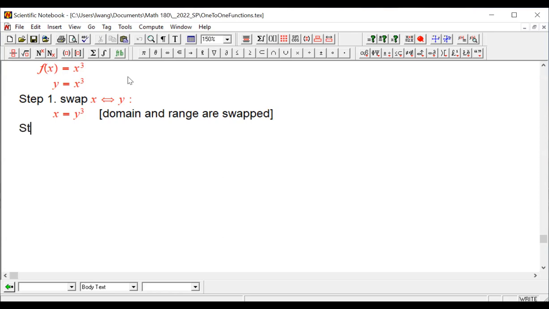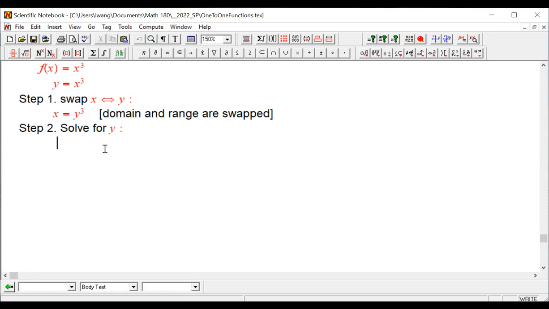And step 2, solve for y. If we solve for y from this equation, basically we're saying if this is true, what is y? Express y.